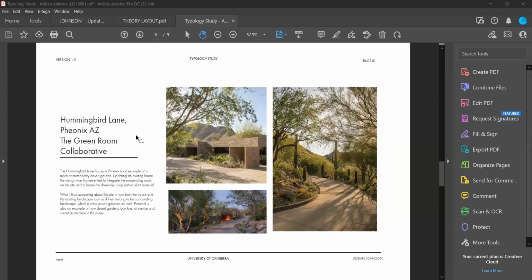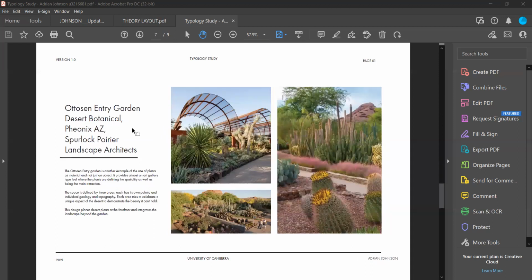Another example is Hummingbird Lane. This, I find, is a beautiful example of a contemporary design of desert gardens, and again, how the house and the garden look like they belong there, not trying to take away from anything, but placed exactly where it is.